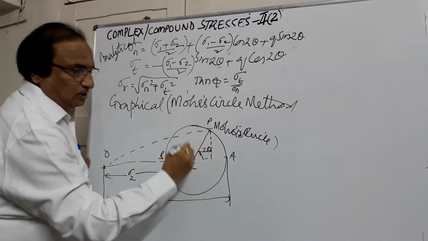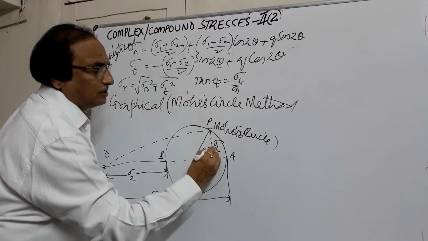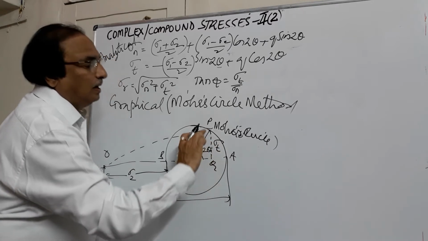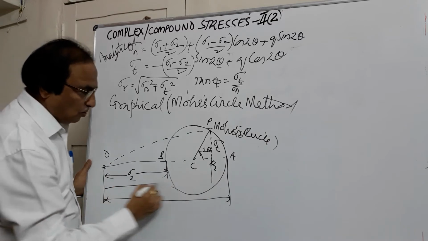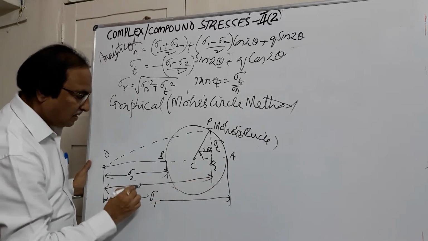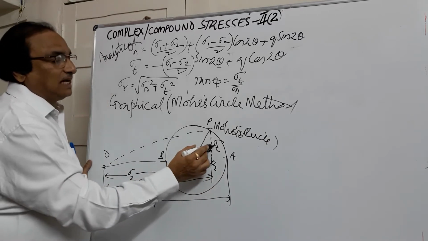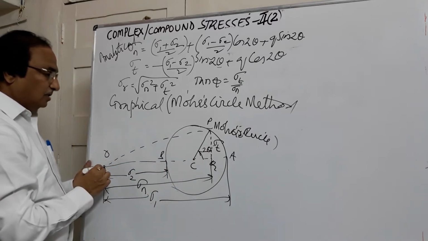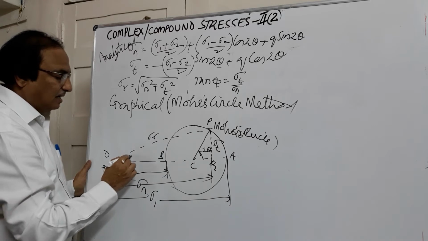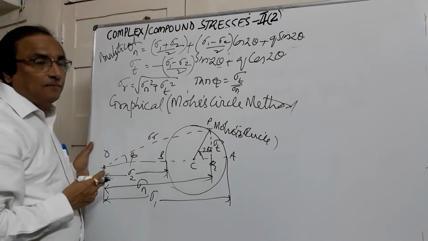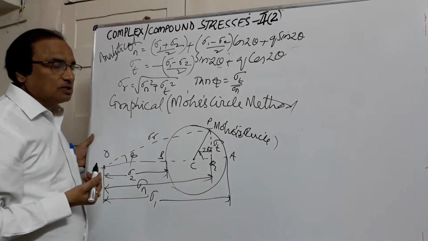Now PQ is the tangential stress, whereas OQ will give the normal stress. OP will represent the resultant stress, and this angle will represent the angle of obliquity. So this is the method of the Mohr circle diagram.